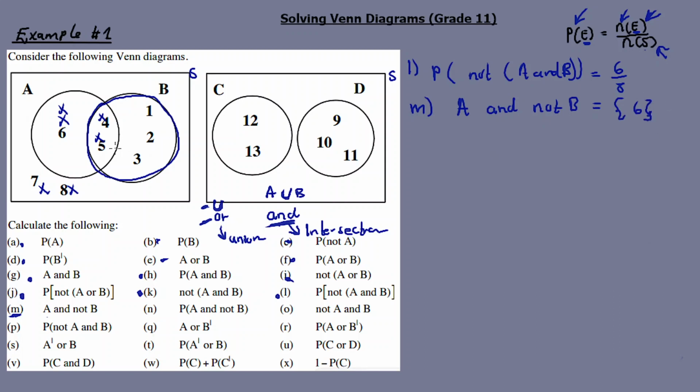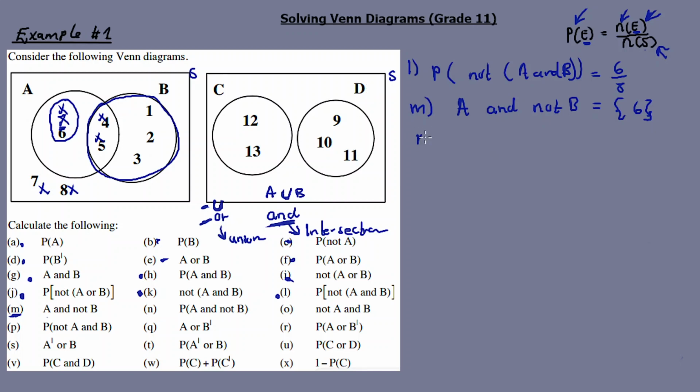It will be 6 only. Why? It's the intersection. So the intersection you see it whenever you have 2 marks, right? Where you marked twice, that's your intersection. So for A, you first mark the outcomes in A, then you come back and mark the outcomes in not B, where they intersect is the answer.